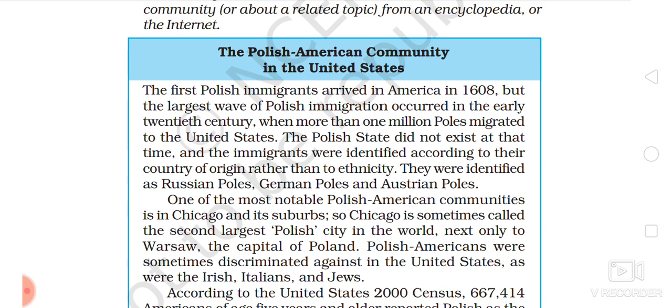Ethnicity means the specific specialty in a particular race. So they were identified as Russians, Poles, German Poles, or Austrian Poles only. Imagine how tough it would be for such a community to survive.